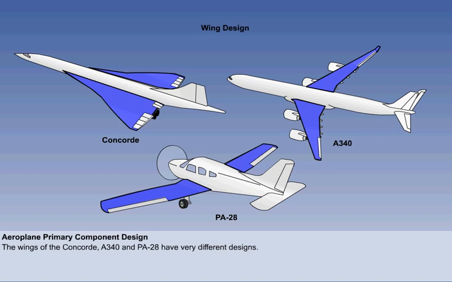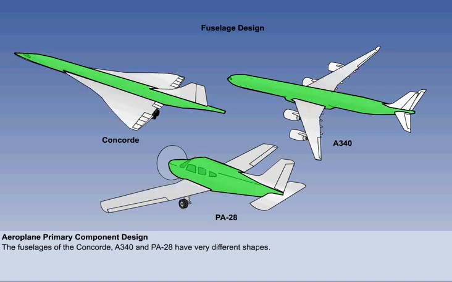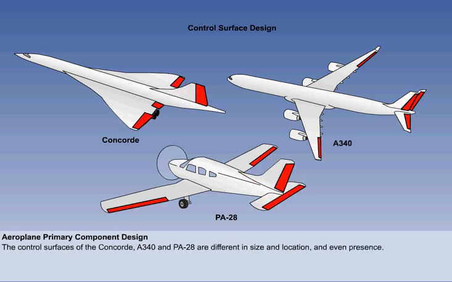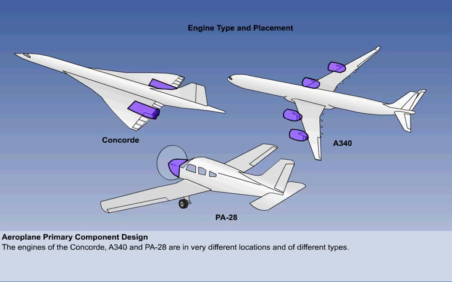Notice the different design of the wings, their shape and position, the fuselage shape and cross-section to length, the size, shape and presence of tail surfaces, the variation in size and location of control surfaces, and the location and number of engines.